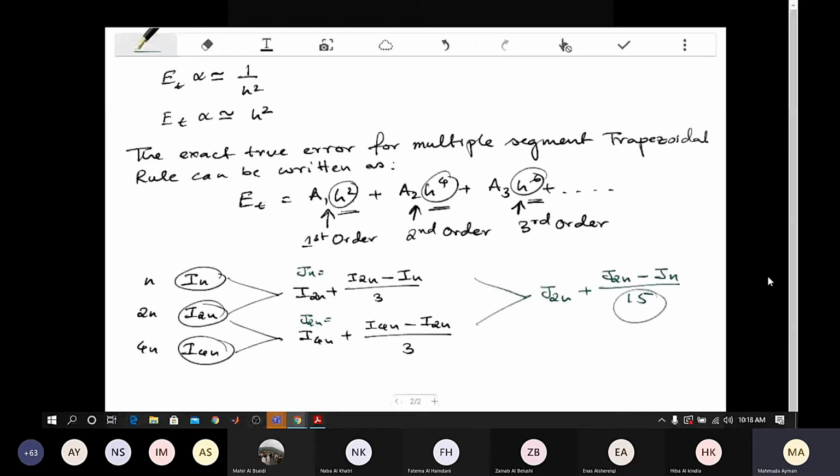Before that, I would just tell you that the true error here is approximately proportional to h squared, and the true error here, as we just saw with the above equation, is approximately proportional to h to the power 4. Okay, now let's see why we got 15 here and not 3 like before.